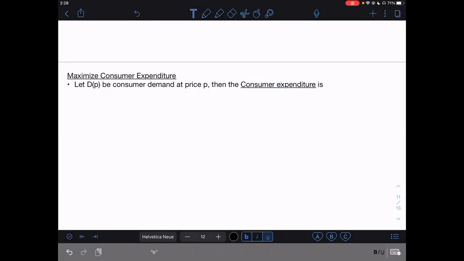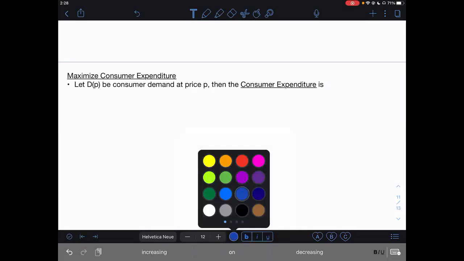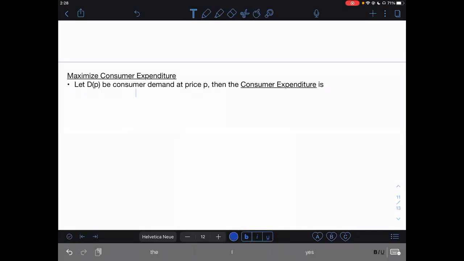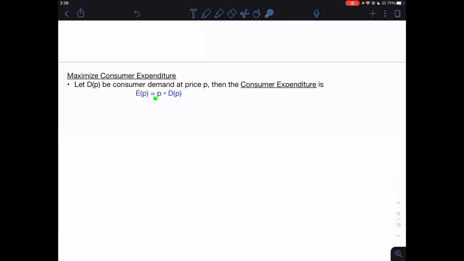The consumer expenditure function is defined as E of P equal to P times D of P. The price that we set this unit, that we set our item at, times the demand for that item. In other words, this function represents how much we believe consumers are going to spend at this price point based on the amount of demand for that item at that price point.